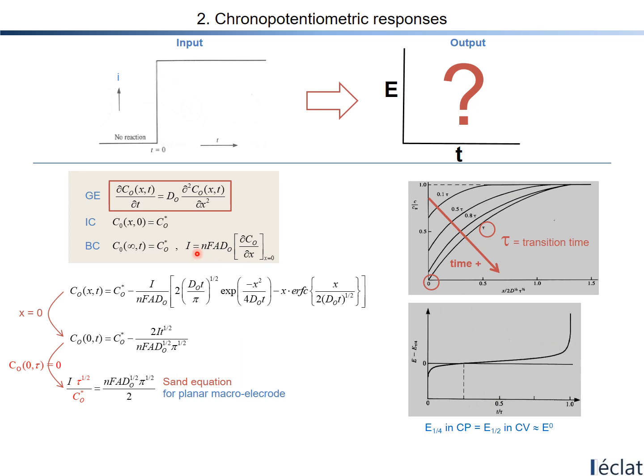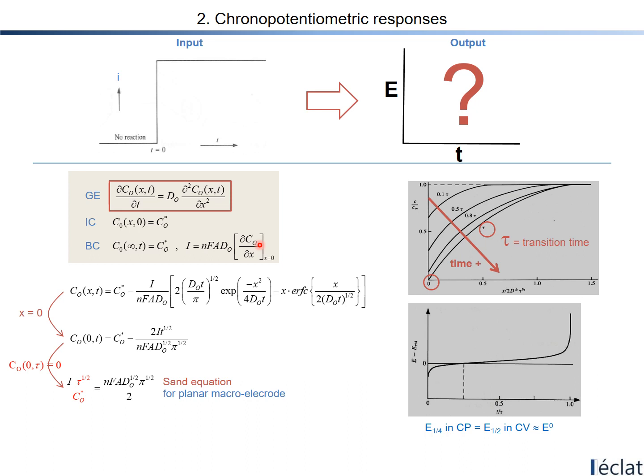So the second boundary condition is that the current, a value like 1 milliampere, is equal to nFA times the diffusivity times the surface concentration gradient. That's it.